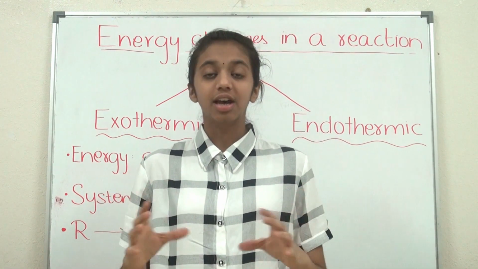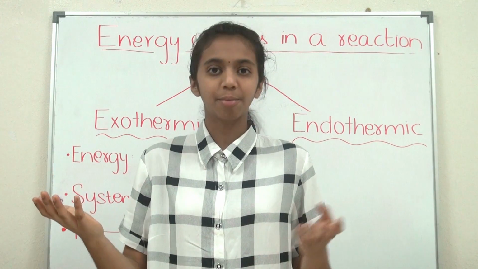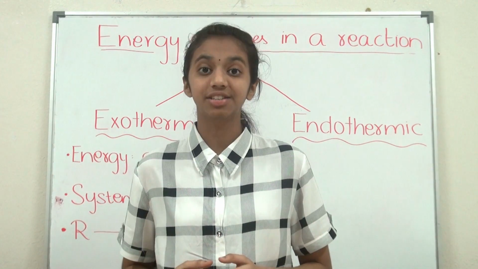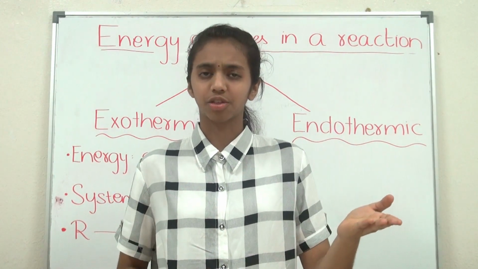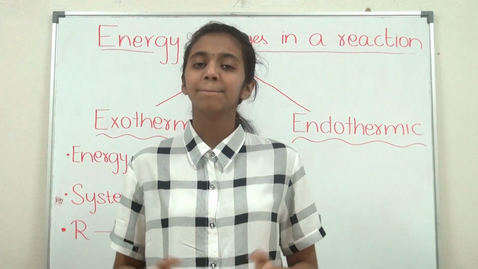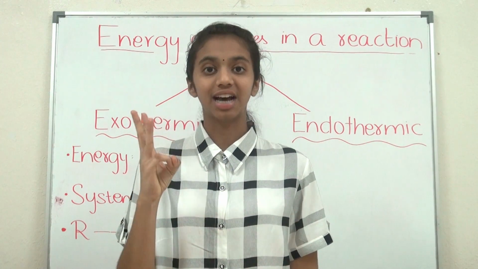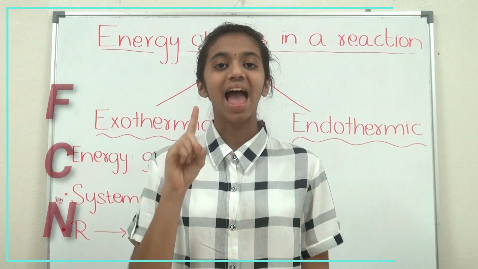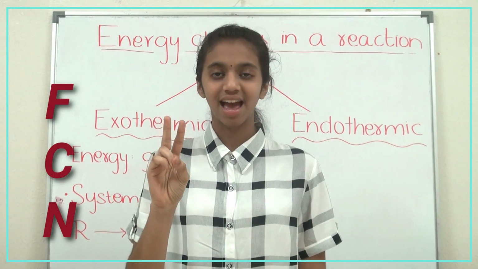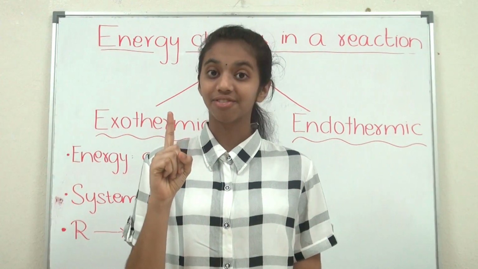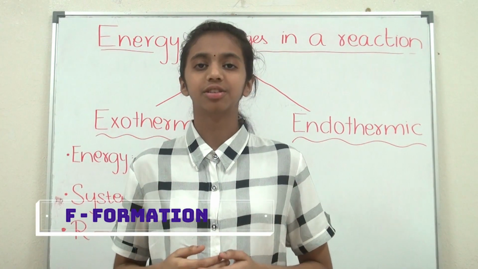Now, if you're given a chemical equation in your exam or test, how do you identify if it is exothermic or endothermic? Usually, exothermic reactions are only three types of reactions, which are F, C, and N. F, which is formation.